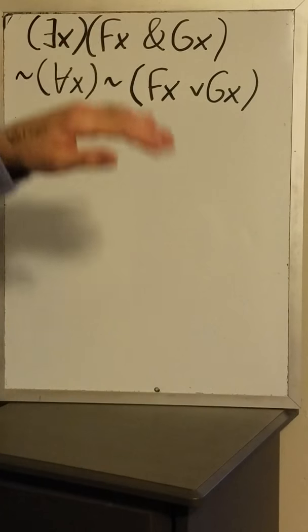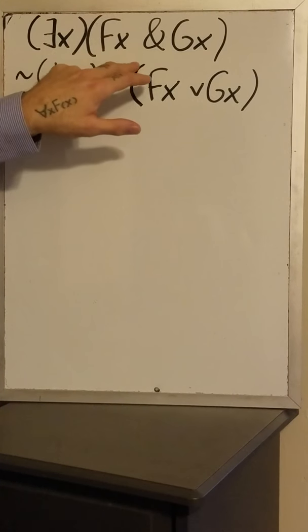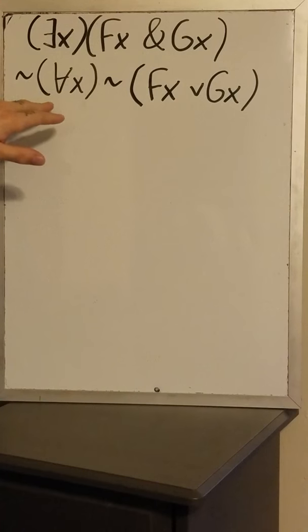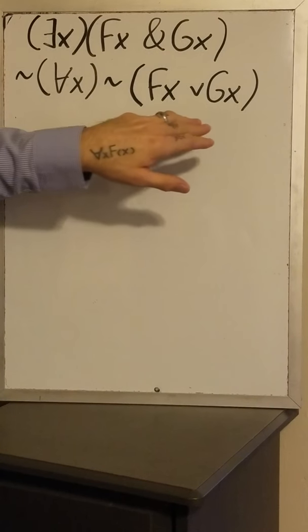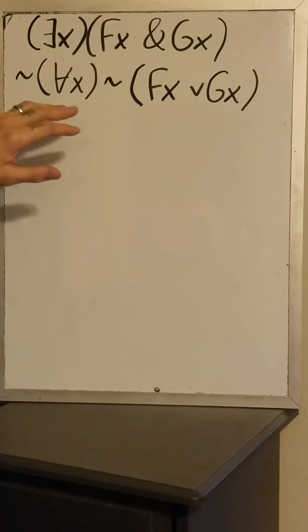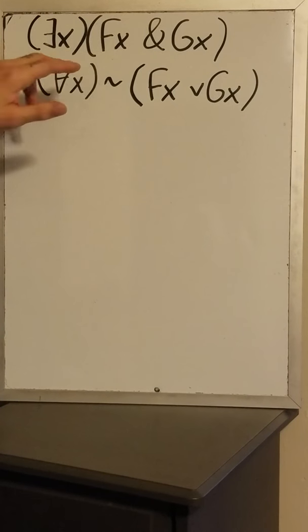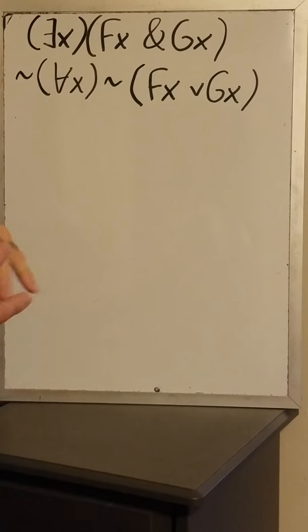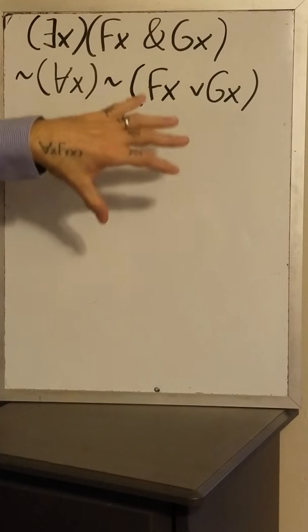But let's take a look at this pair of sentences. There is something that's F and G, and not everything is not F or G. Something like this is a little bit hard to reason about, but it says there is something that is not F or G. This one I think we can just go right into without trying to interpret this in English.